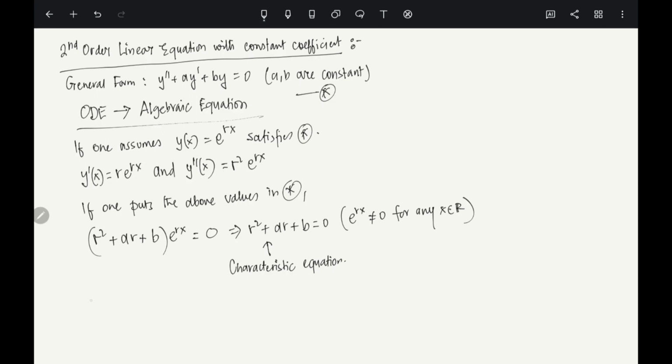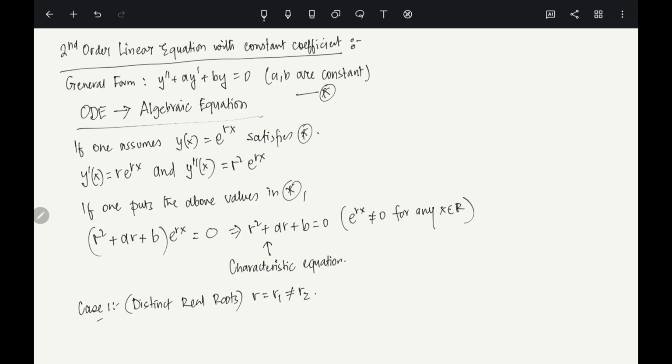So first, case 1: distinct real roots. What I mean by this is that the roots are r1, which is not equal to r2.